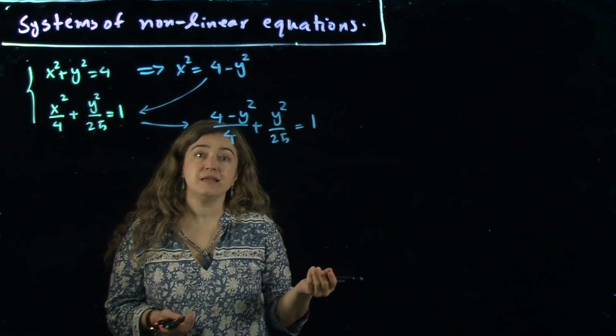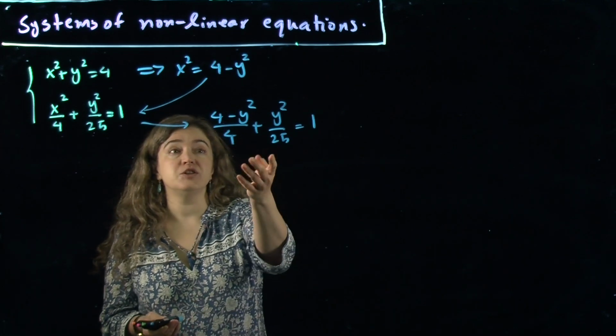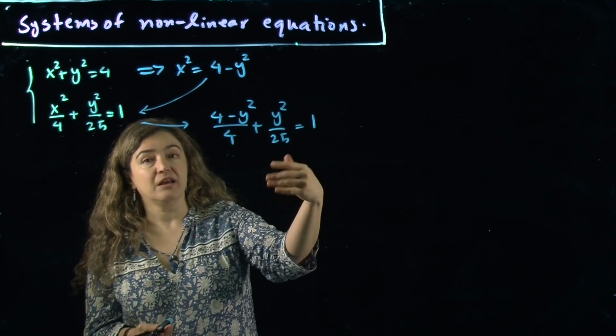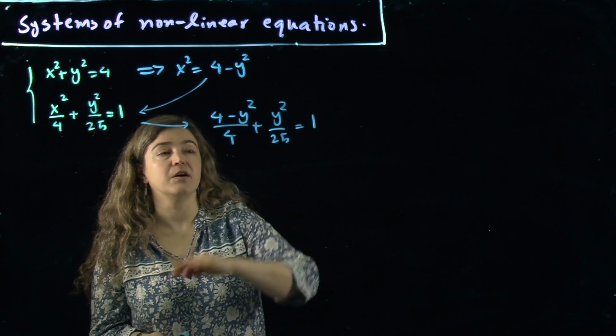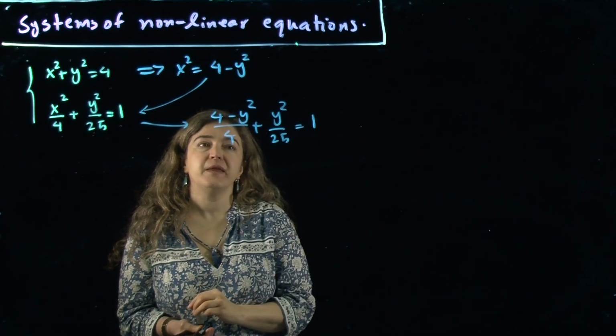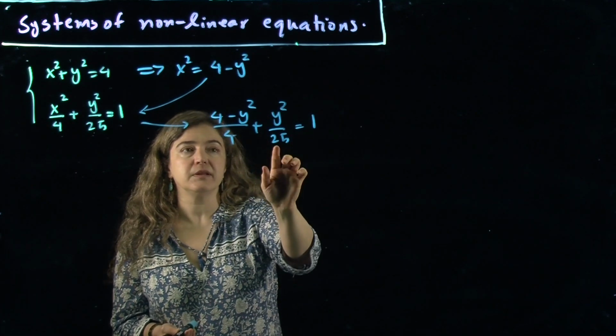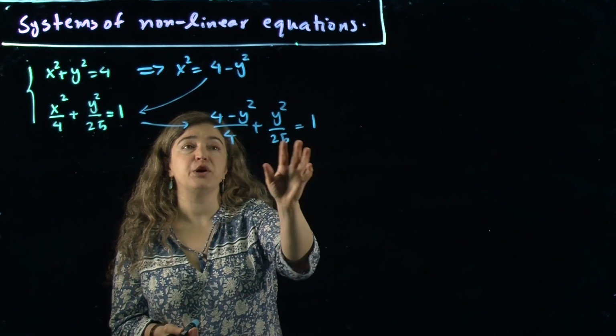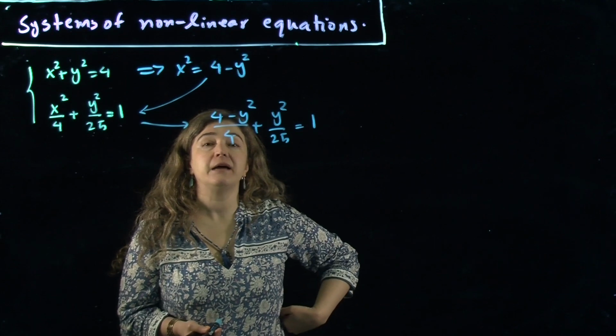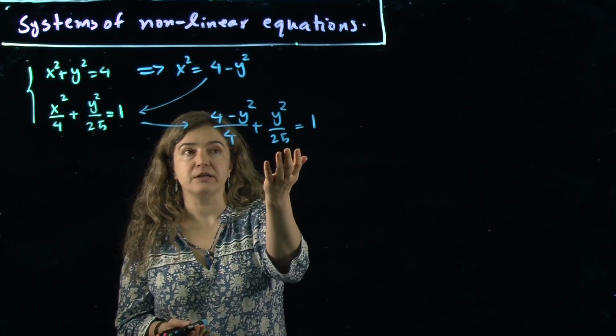The next step: now I have one equation and one variable, and so I should be able to solve for y in here. The next part that is needed is to put all the y's together and isolate y.